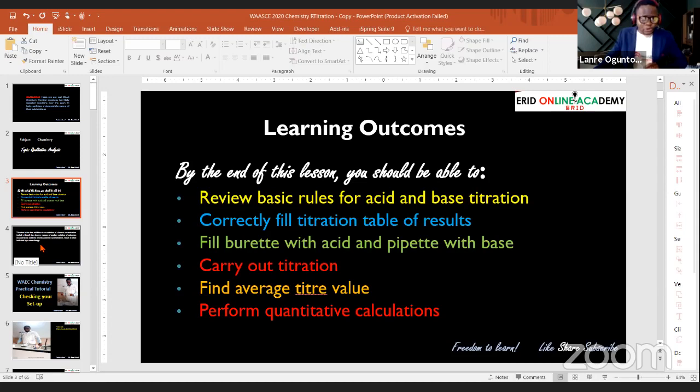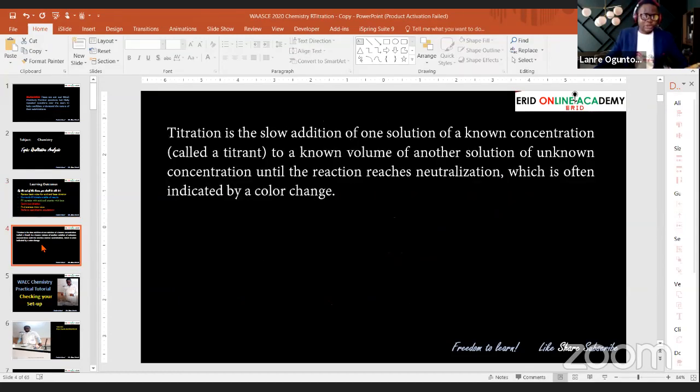Basically, of course, you know that titration has to do with the slow addition of one solution of a known concentration. Let's assume this is a solution and I know its concentration.